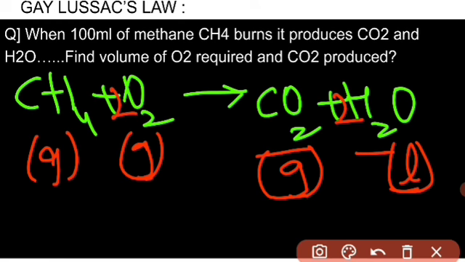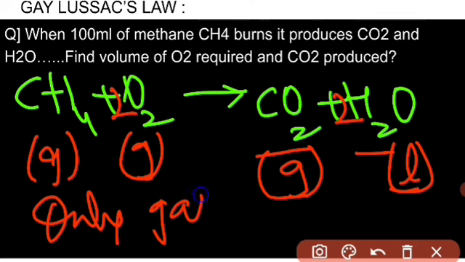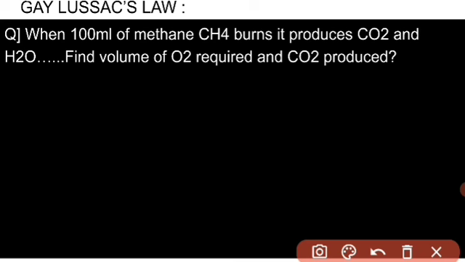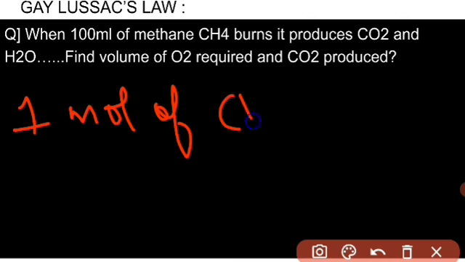Now let us see. This is applicable only to gases. Remember, whatever I'm going to say now is only applicable to gases. So if 1 mole of methane, that is CH4, combines with 2 volumes of oxygen, it gives 1 volume of carbon dioxide.